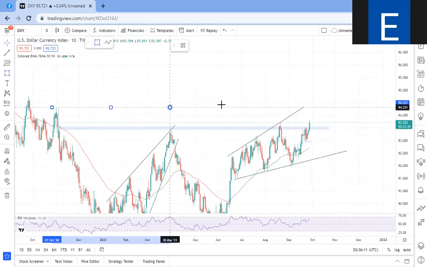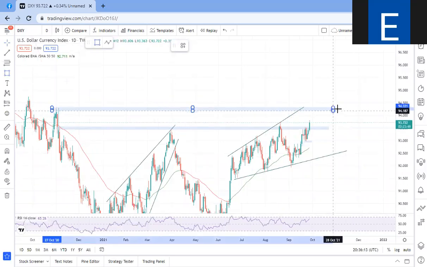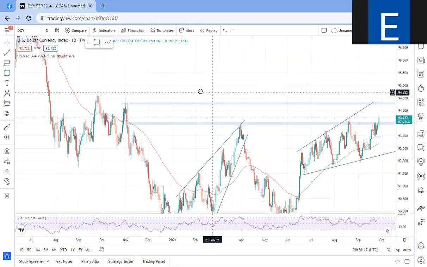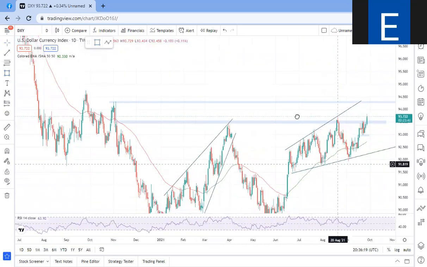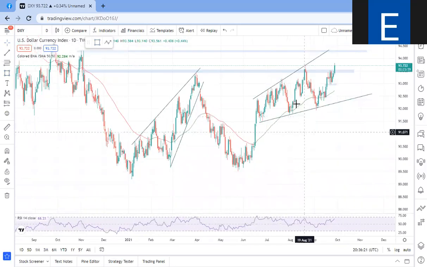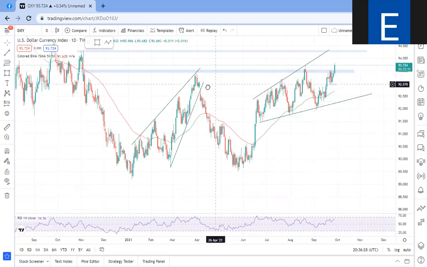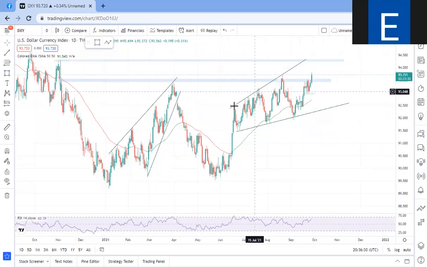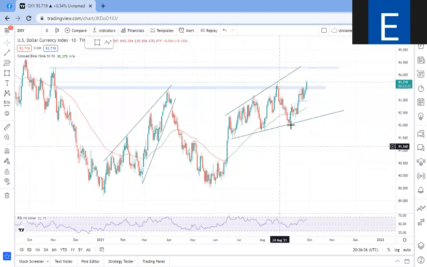You can see here, this is an area of interest. This is an expanding channel. Currently this is the daily expanding channel. You know about expanding channels, right? It's an expanding channel whereby the price starts making higher highs and lower lows.